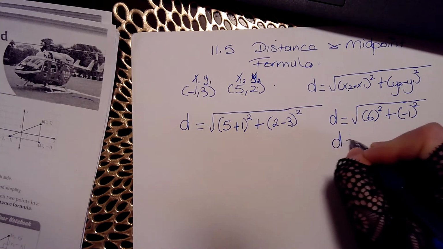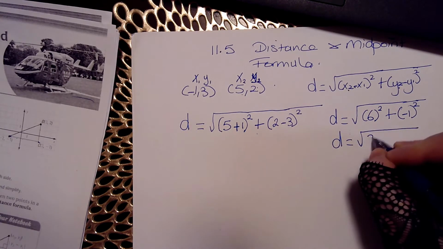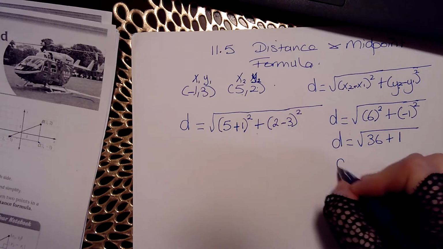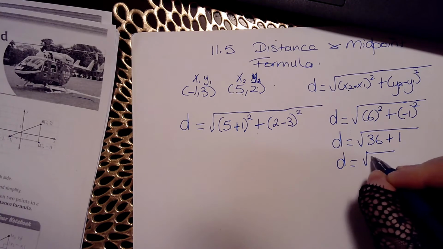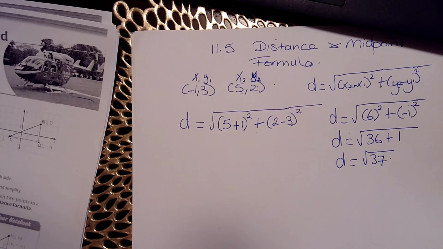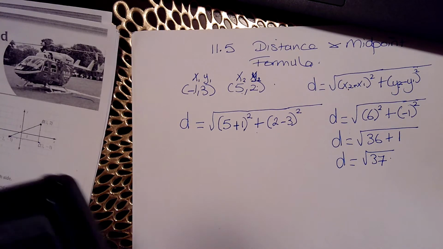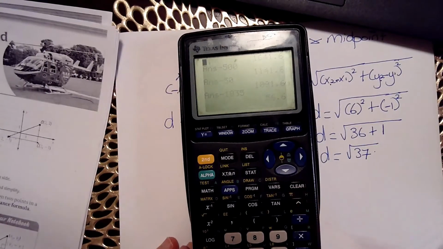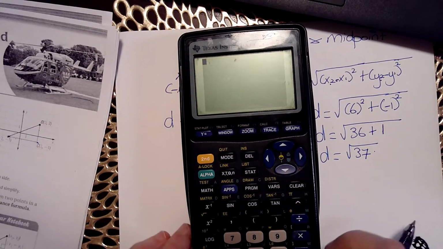So distance equals 6 squared is 36, plus -1 squared is 1, so the distance is the square root of 37, which is fine. If they give you that on a multiple choice, then you can leave it like that. If not, then I'm going to go ahead and do the decimal. There's nothing wrong with practicing doing that.